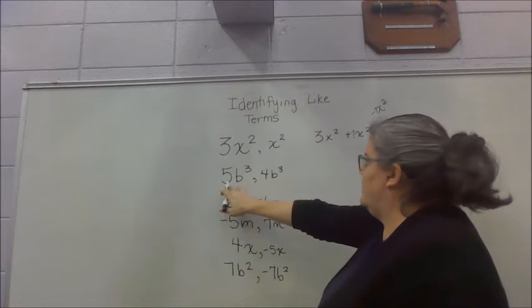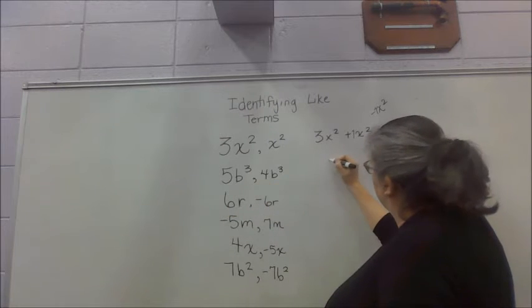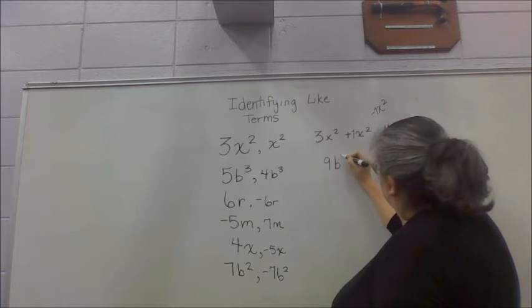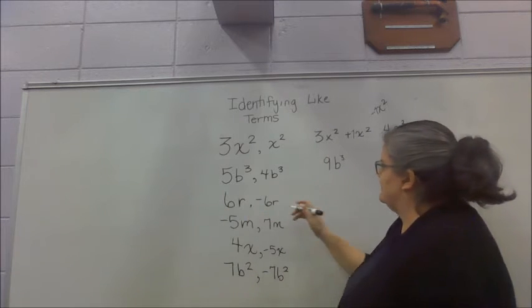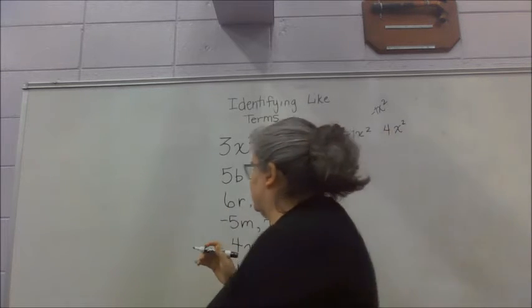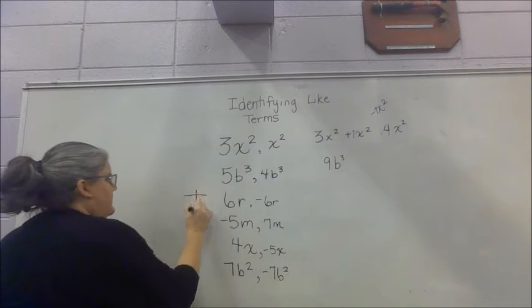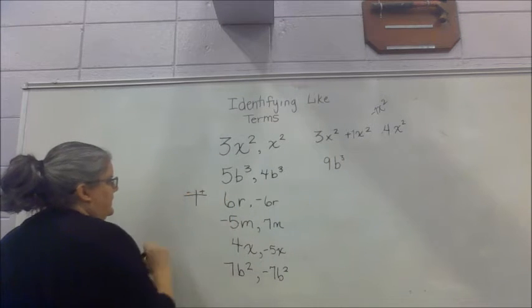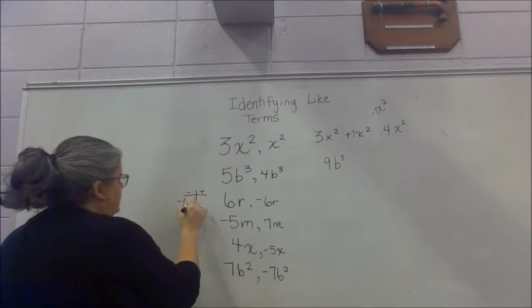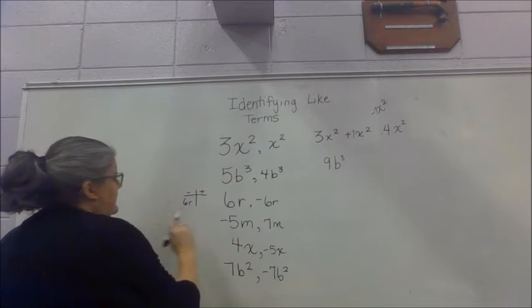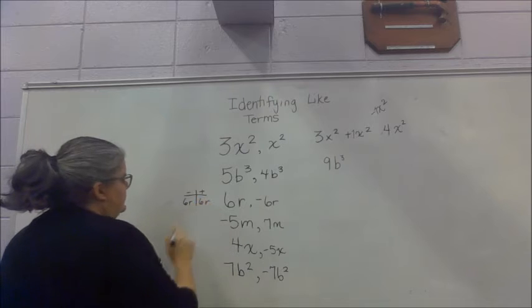This one, 4 plus 5 becomes 9b cubed. Now here, I have 6 plus negative 6. This might be a good time for you guys to go back to using your T-chart and putting the negative 6r on the negative side and the 6r on the positive side.